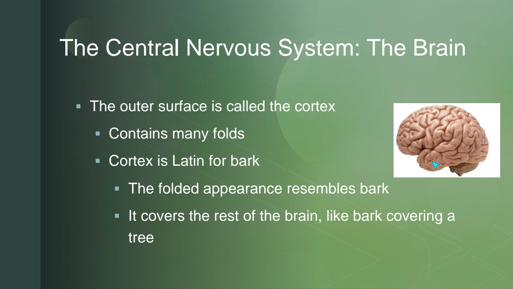So this outer layer, the cerebral cortex, often just referred to as the cortex, is named after the Latin word for bark. Kind of appropriately chosen, because the cortex's folded appearance resembles the bark of a tree, and also because the tissue of the cortex covers most of the rest of the brain, just like the bark covers a tree. So the brain does have many folds and does have a bark-like appearance.